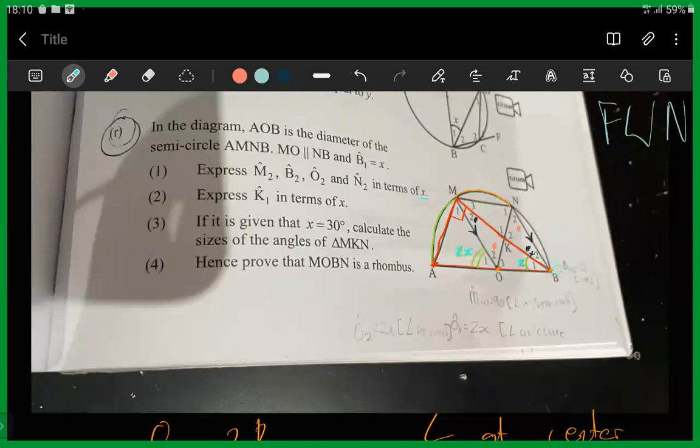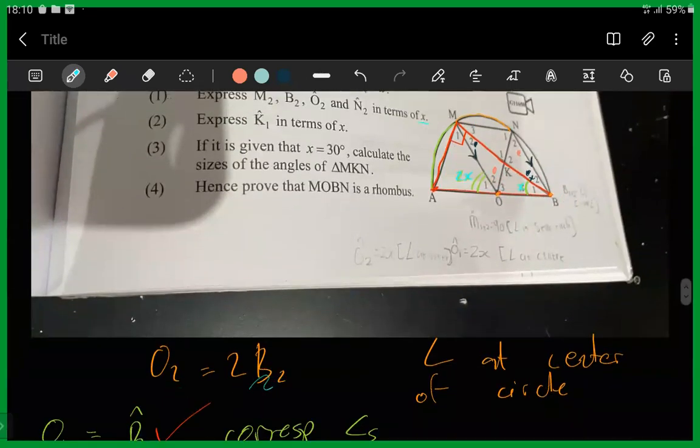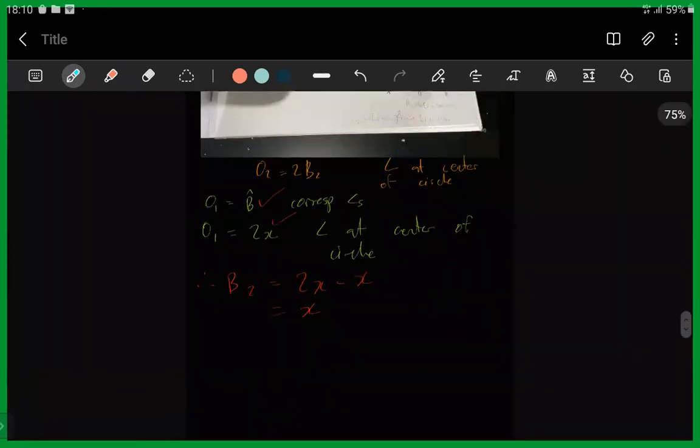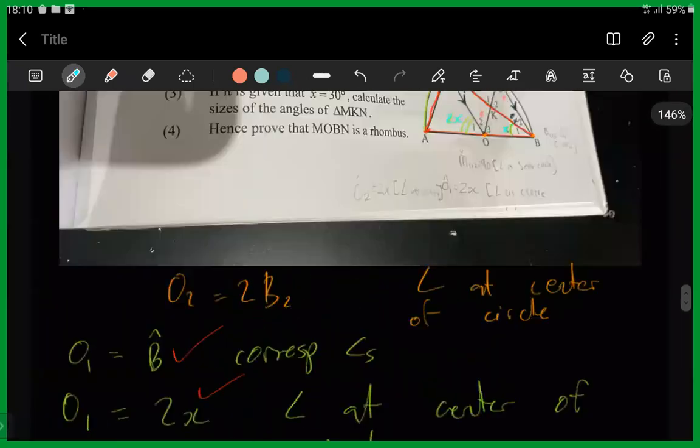If this is x, remember we said 2 times B2 is equal to O2. It's something we already stated. So here we can say O2 is equal to 2x. The reason is angle at the center.